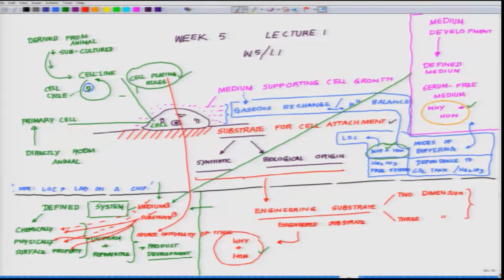Say for example, I am obtaining tissue from an animal of a certain age, that should be fixed. If I change it, then I have to mention that this is the change I made. Age, isolation rule, how you are isolating the tissue, especially this holds true for primary culture where the variations come the maximum. Isolation rules.